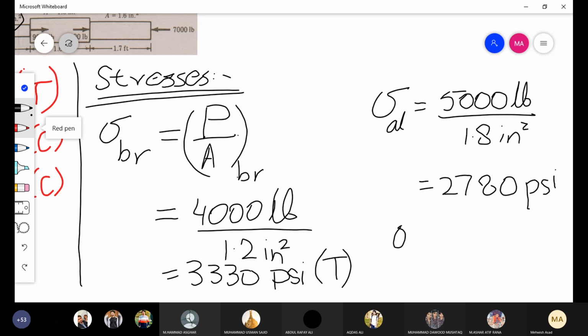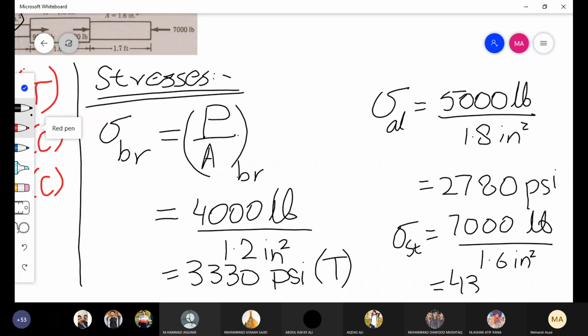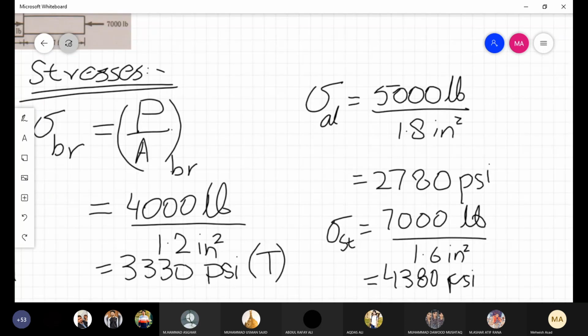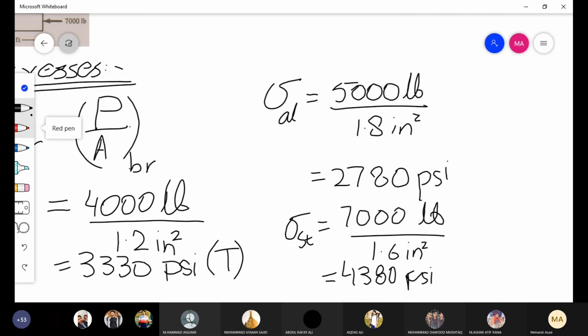And stress in steel is 7,000 pounds divided by 1.6 inch square, and this is equal to 4,380 psi. You need to write tension or compression; both of the stresses in aluminum and steel are compressive.